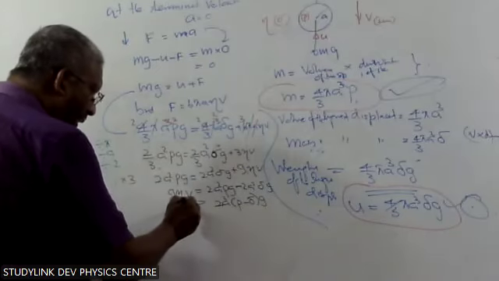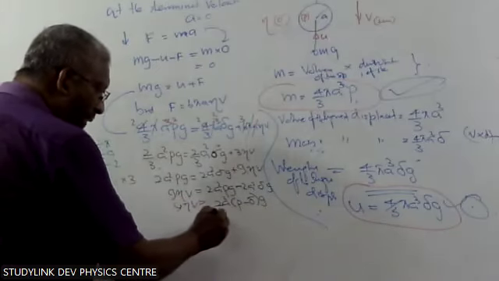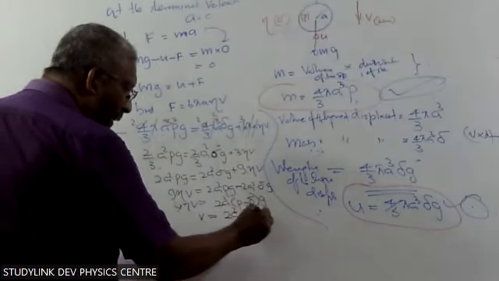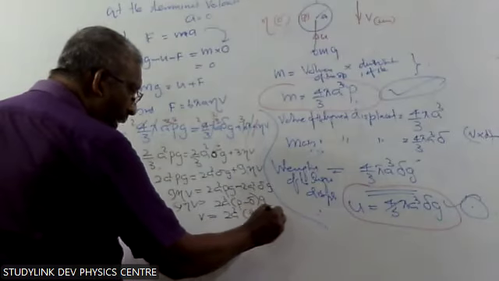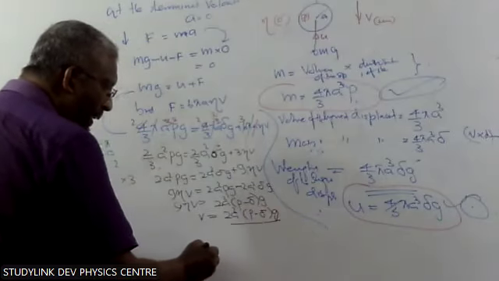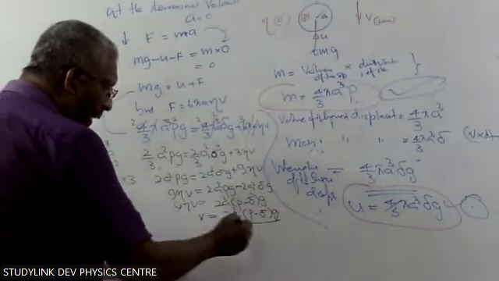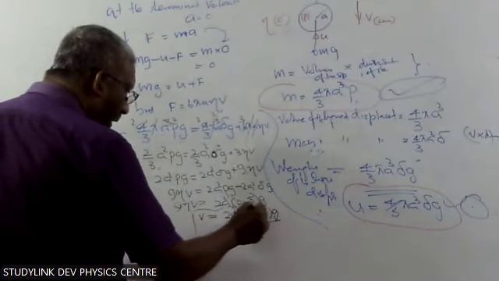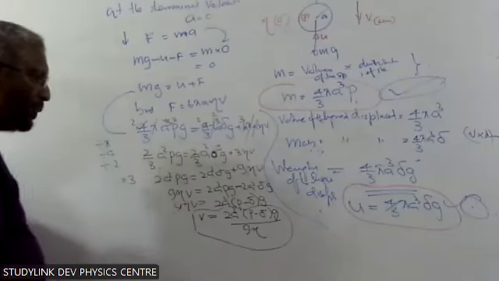Now this is 9 eta v. So v is equal to 2a squared rho minus sigma g divided by 9 eta. This is not a standard equation, but you have to prove and get it.